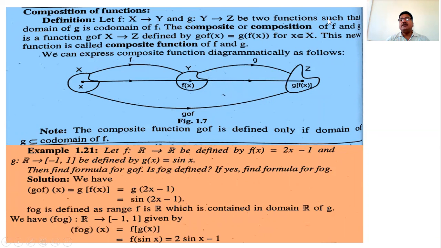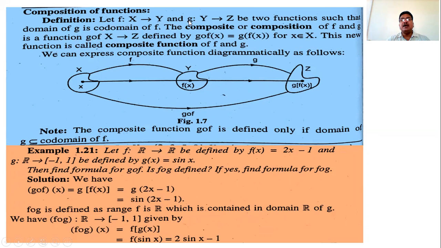And then we define the composition of f and g by using this notation, g circle f. What is the multiplication of f and g? Write first g and then write f. Write a circle or dot, that is, g composition f.